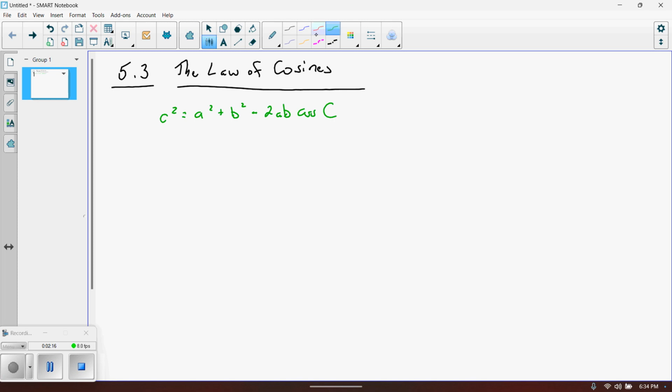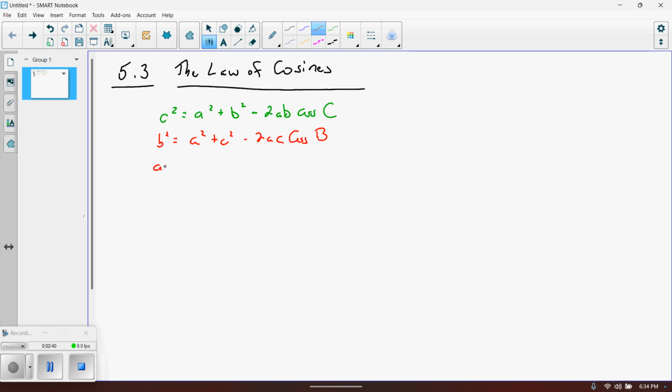So the other two versions of this are b squared equals a squared plus c squared minus 2ac cosine of capital B. So if you see the pattern, you can probably guess what the other one is.